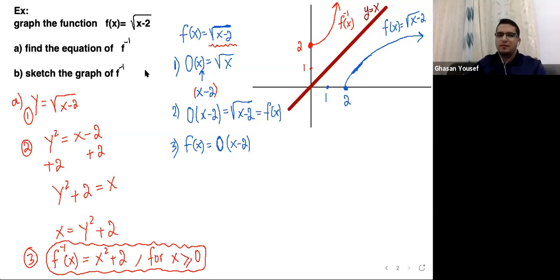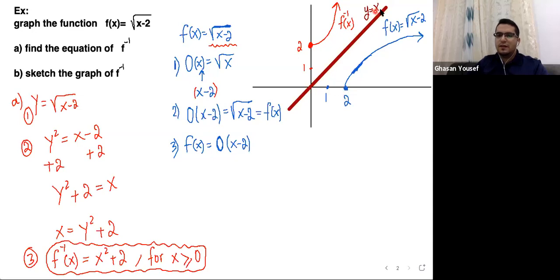Now we have to graph the f inverse. To graph the f inverse, we have to reflect the blue curve around the line y equals x. This is my line y equals x. We have to reflect all points on the blue curve around this line. We're starting at this point, which is 2, 0. The x coordinate is 2, the y coordinate is 0.